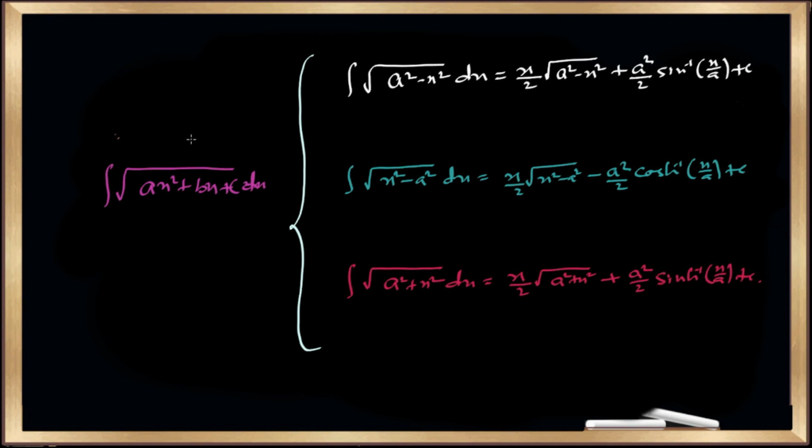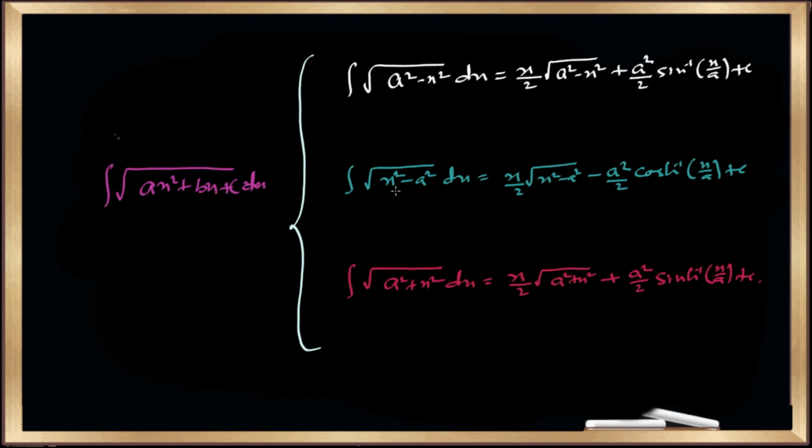Next one, integral of root over ax square plus bx plus c dx, which means integral of root over a quadratic expression. This quadratic expression we can express as root over a square minus x square. Then its integral is x by 2 root over a square minus x square plus a square by 2 sine inverse of x by a.